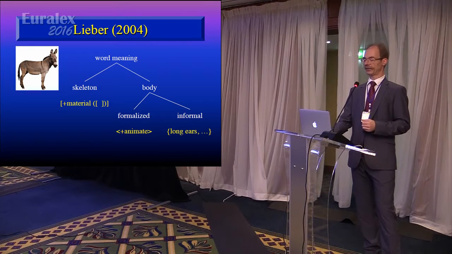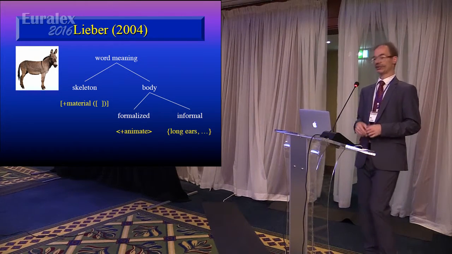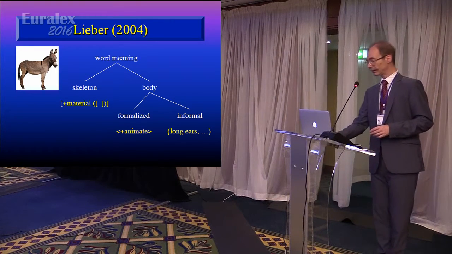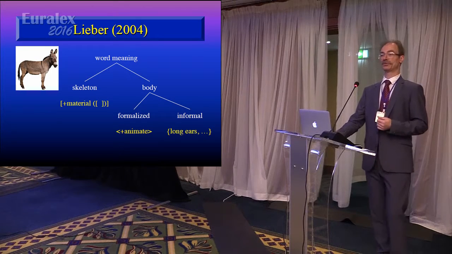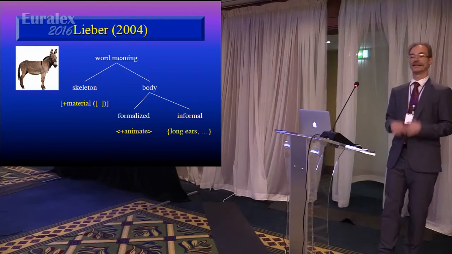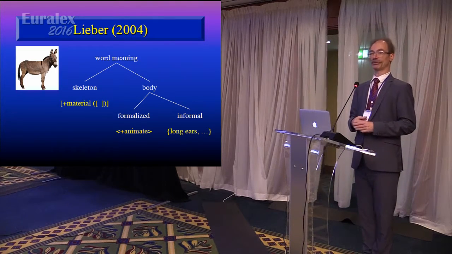The body is then divided into the more formalized parts, such as plus animate for our donkey, and the less formalized parts, when we can say, for instance, that this animal has long ears and can be very stubborn.